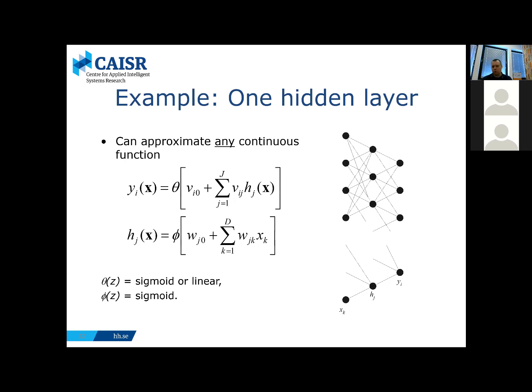There is a mathematical proof that it's enough to approximate any kind of function. So why would you go into something more complicated? Training such networks was reasonably easy because it was easy to calculate the gradient. It was easy to figure out what was the contribution of different neurons to the solution and so on.